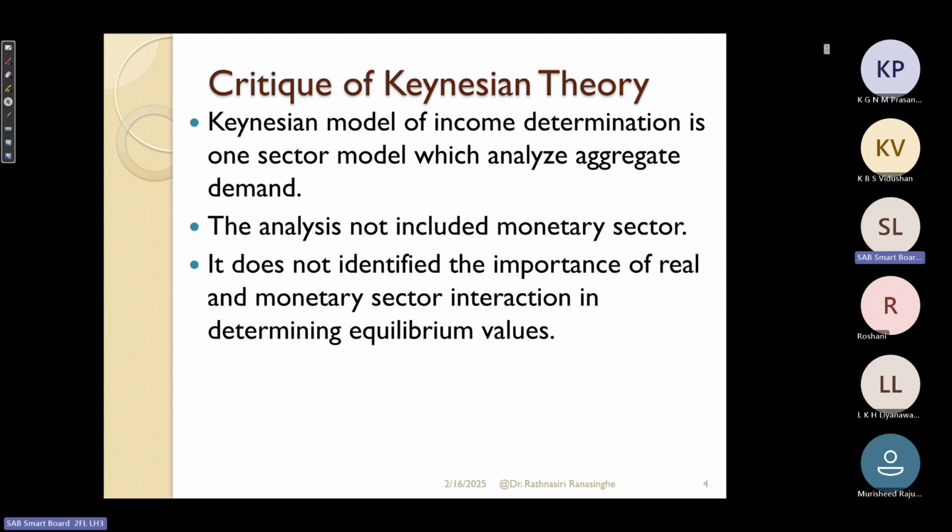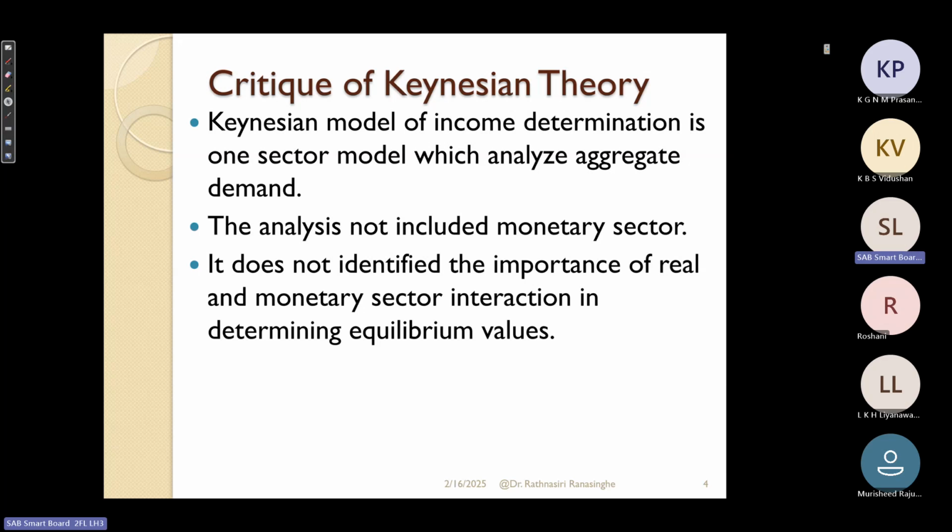So what did Keynes talk about regarding money? He explained money demand, which depends on transaction, precautionary, and speculative motives. But in explaining the behavior of the real sector, he does not incorporate the monetary sector and money matters into that context, especially how expenditure is financed.